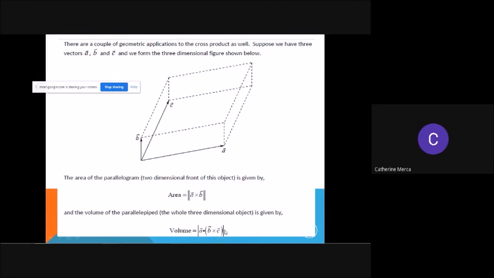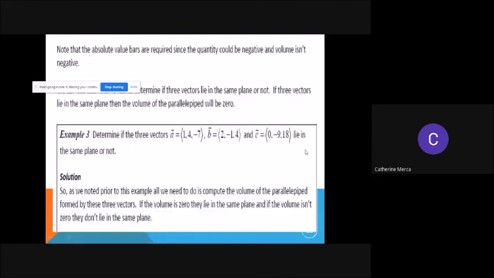Remember that the result of the dot product is a scalar. So the volume is actually this quantity. The reason why the absolute value bars are given is because volume cannot be of negative value.